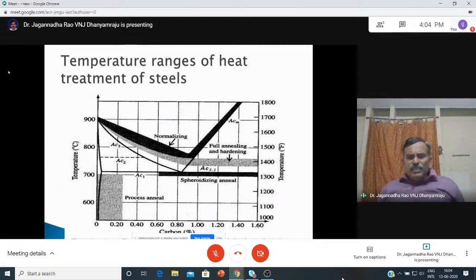Understand? That means, as we have seen earlier, the annealing temperature of hypereutectoid steels is less than that of hypoeutectoid steels.